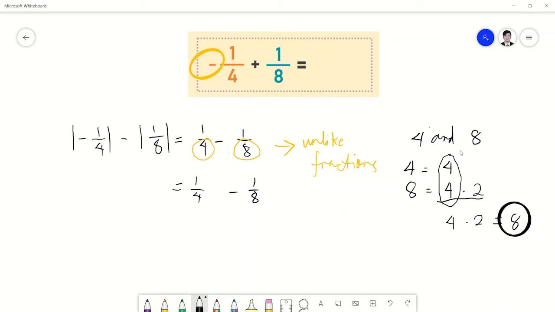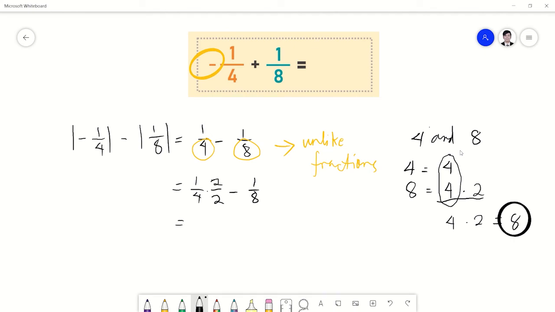But for the first fraction, to get 8 as the denominator, we need to multiply by 2. Whatever you do in the denominator, you do also in the numerator, because 2 over 2 is just 1. So 1/4 times 1 is just 1/4. We're just trying to write it as its equivalent fraction, so we did not change its value.